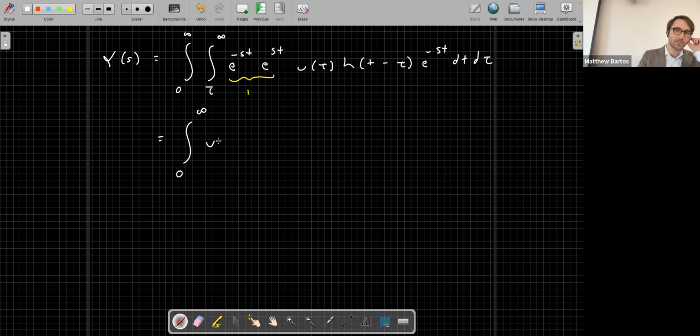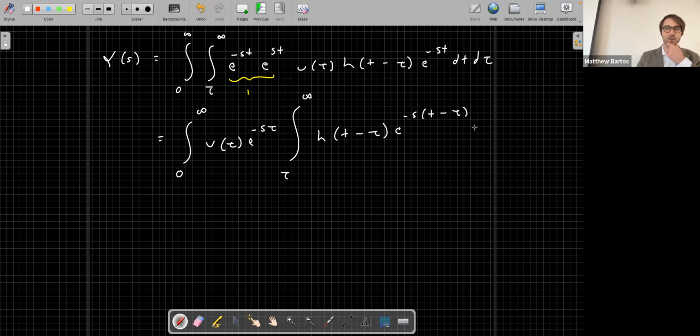So we have u tau e to the negative s tau times the integral from tau to infinity of h t minus tau e to the negative s t minus tau dt d tau. Okay, so that looks promising.